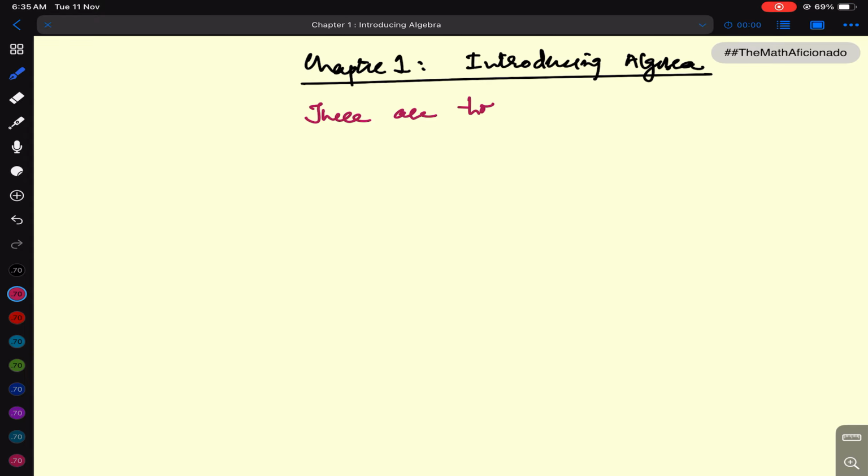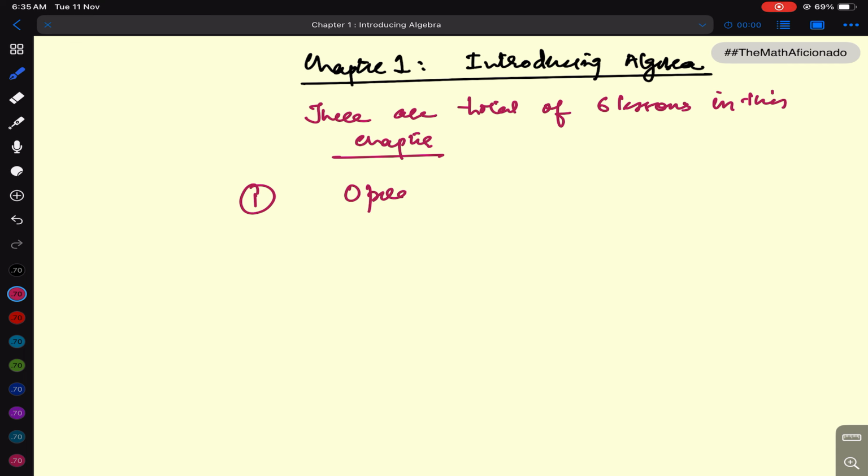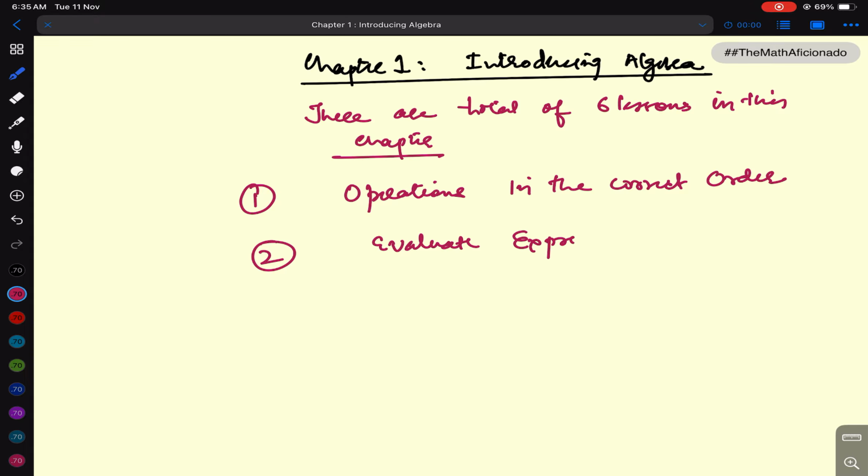As you can see, there are a total of 6 lessons in this chapter, which is Introduction to Algebra. These lessons are: the first one is operations in the correct order. The second one is evaluating the expressions. Third is identifying the properties.